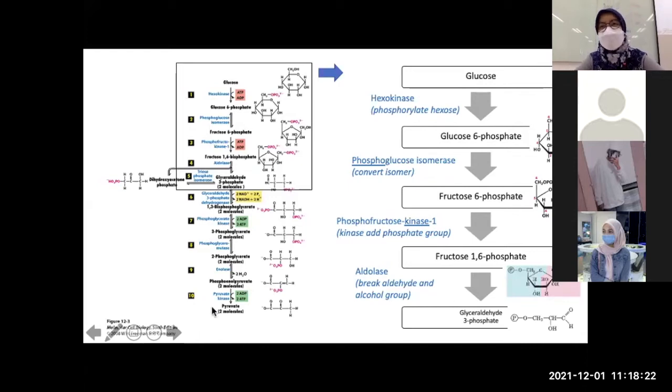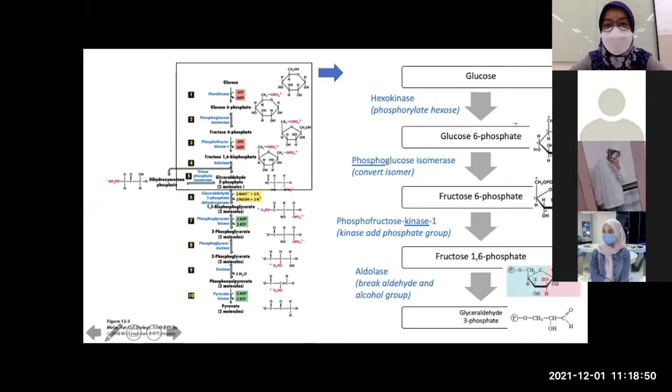I'm not sure how I can help you remember this, but one way would be to understand the molecular changes. From glucose it will turn into glucose 6-phosphate, meaning that at carbon 6 of glucose, there will be addition of a phosphate group. That's why it's glucose 6-phosphate.